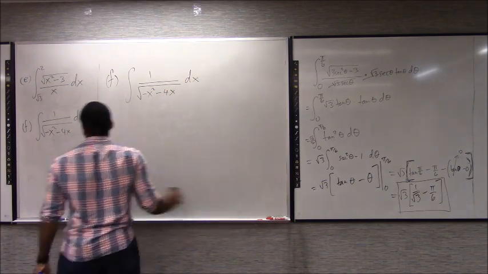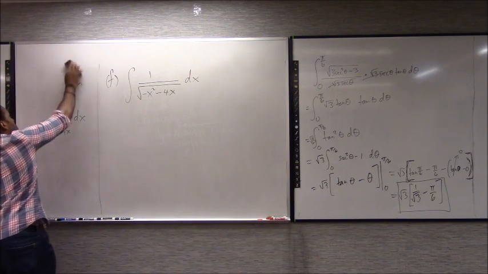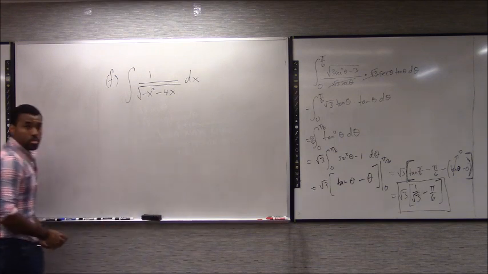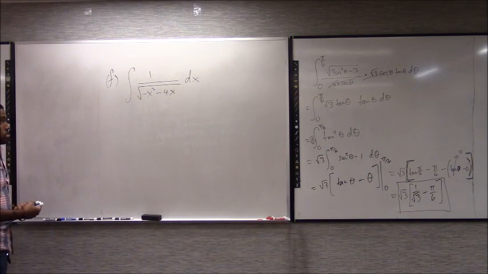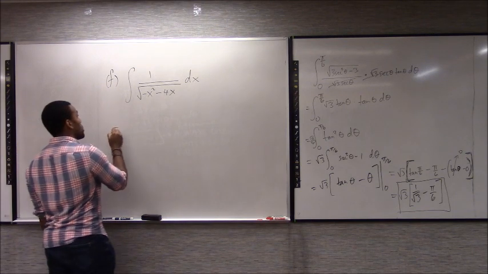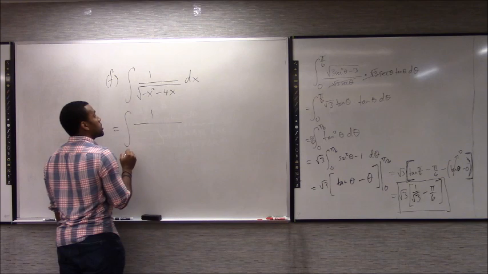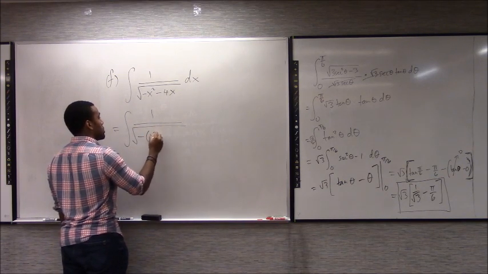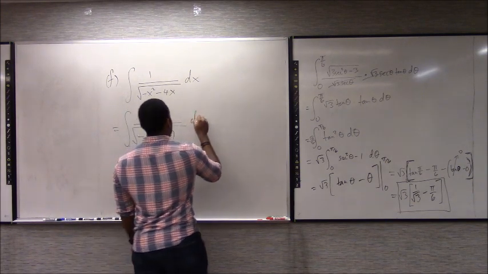Okay, what did we do here? Completed the square for this one too. How do you complete the square in this case? I pulled out a negative, so I have -1 times x plus 2 squared plus 4.